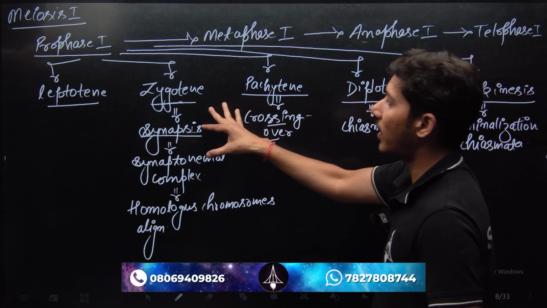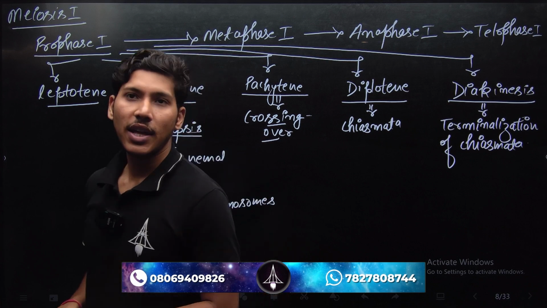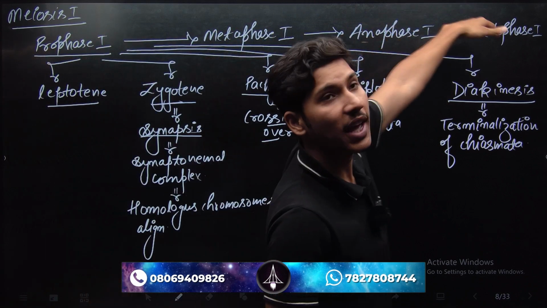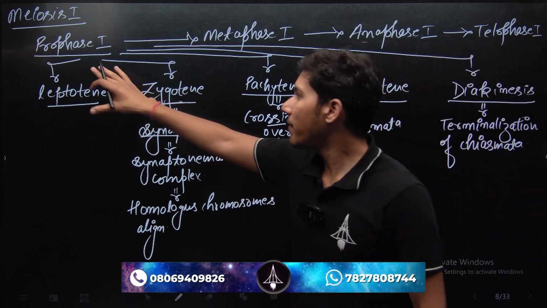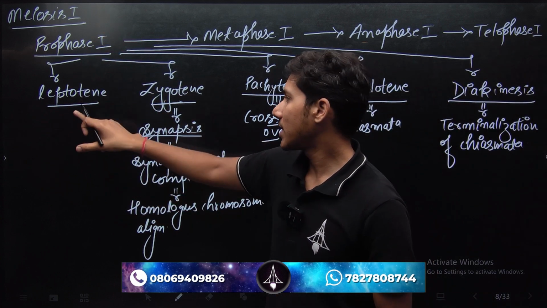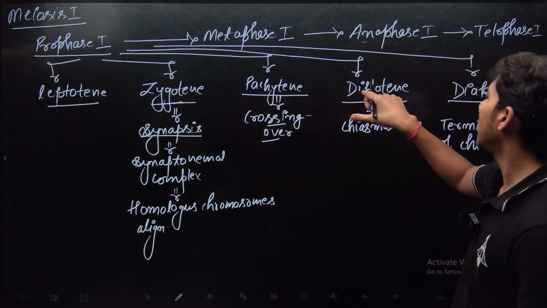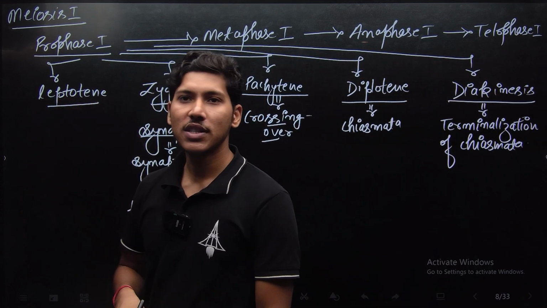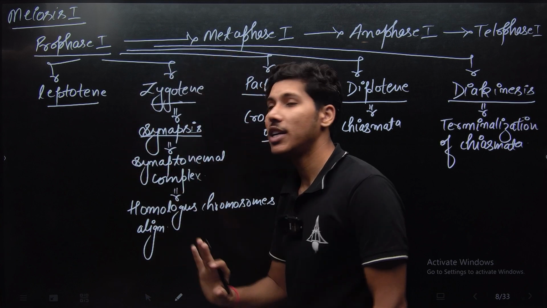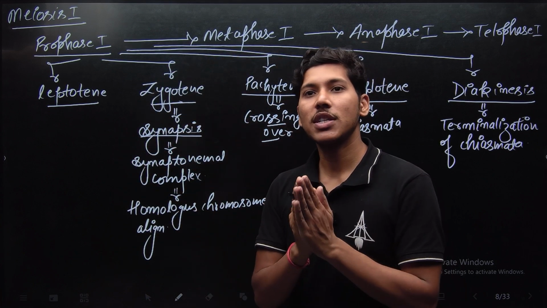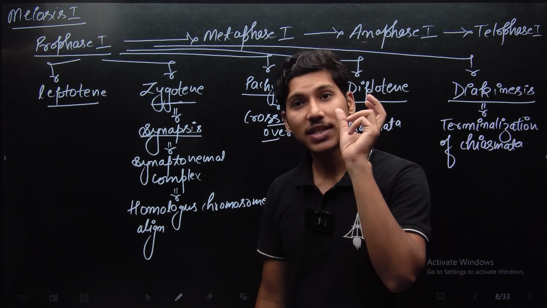Now in meiosis 1, there are again 4 phases: prophase, metaphase, anaphase and telophase. In prophase, there are 5 separate phases known as leptotene, zygotene, pachytene, diplotene and diakinesis. Leptotene is not that important a phase, but from zygotene it becomes very important. In zygotene, there occurs a phenomenon known as synapsis.